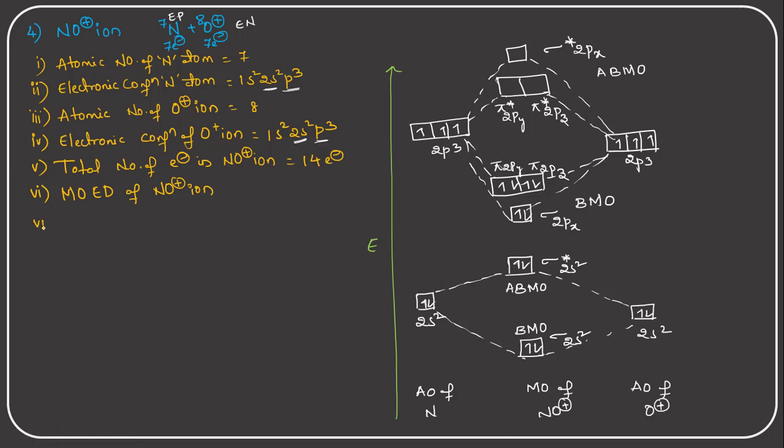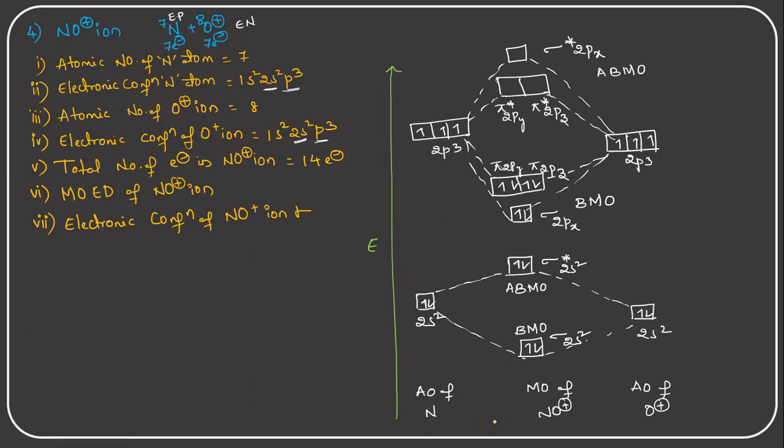The seventh point is, after constructing the molecular orbital energy level diagram, now we need to write the electronic configuration of NO plus ion.